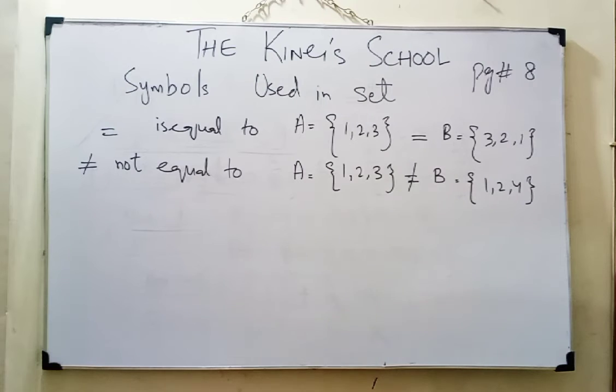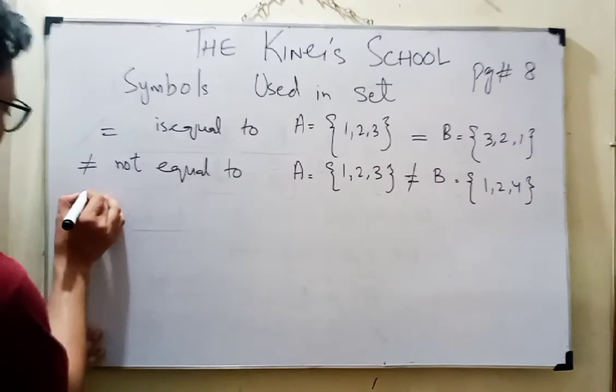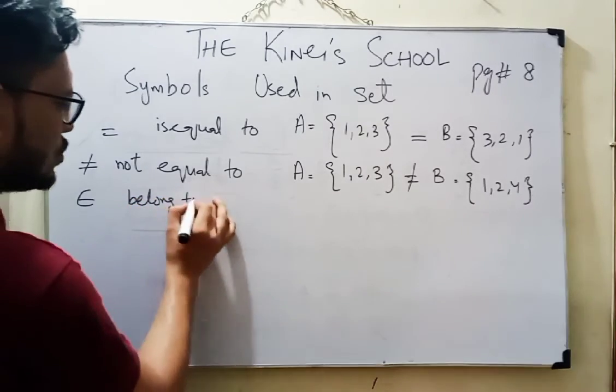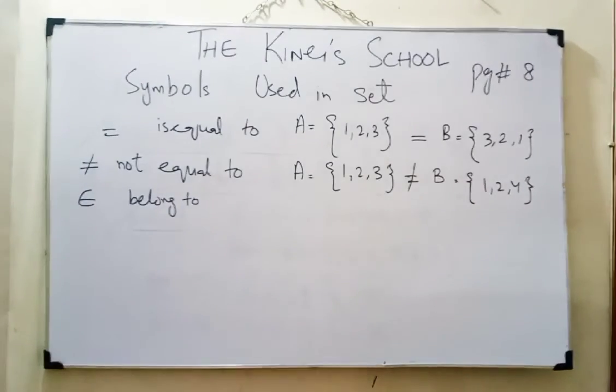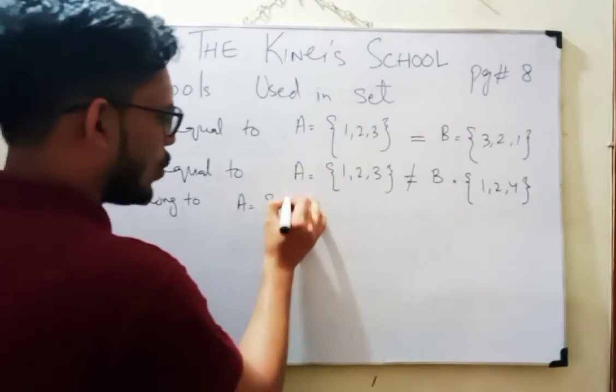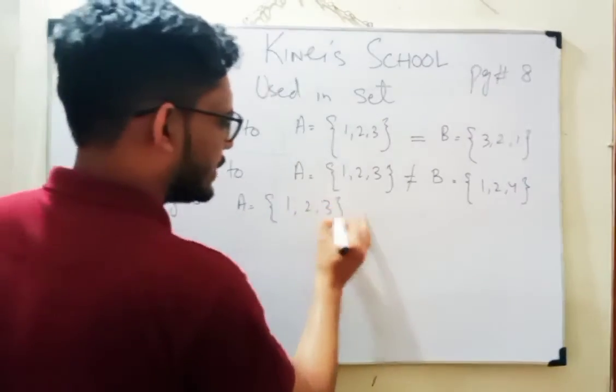And now move towards belongs to. We can write, suppose we have A as 1, 2, 3.